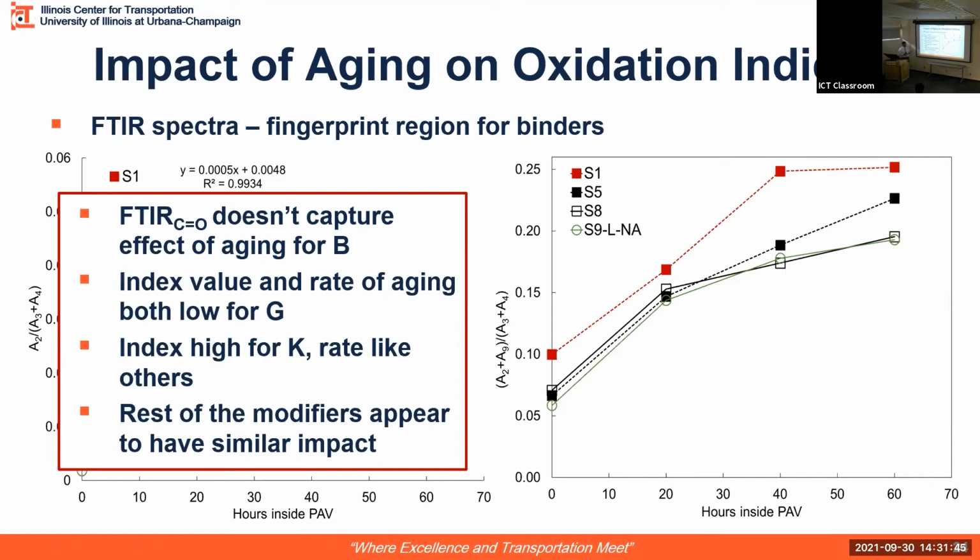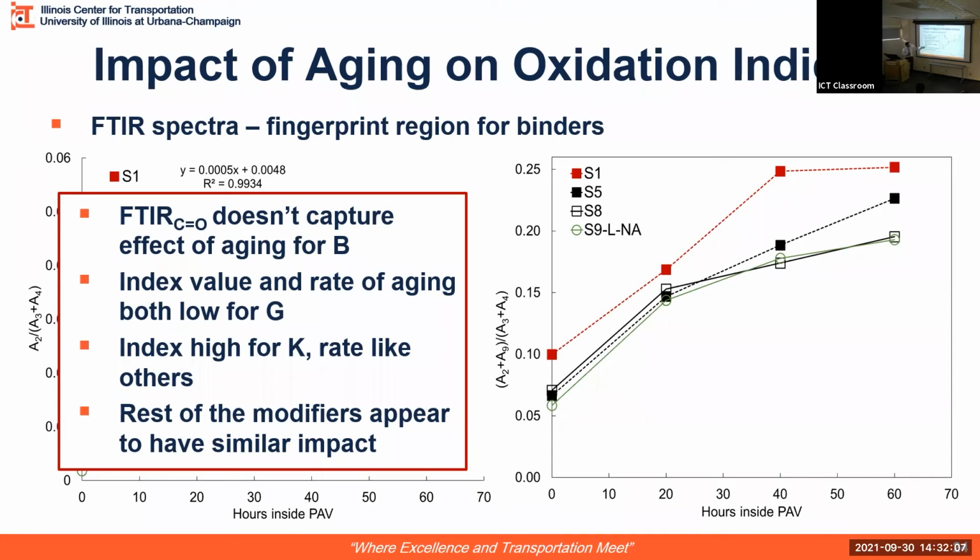If you go by the index value, typically a higher carbonyl suggests there's more oxidation. However, when we put all the modifiers together, just the value doesn't make sense. So we also have to look at the rate of aging. That's where we saw how G was really less susceptible to aging.